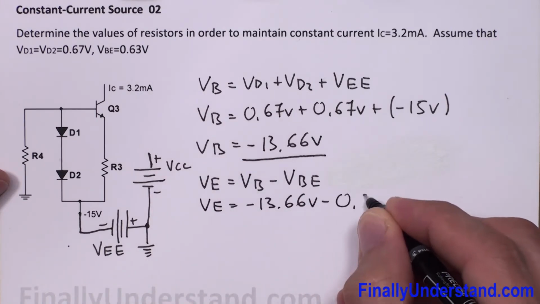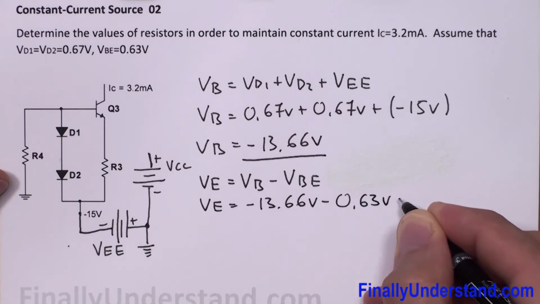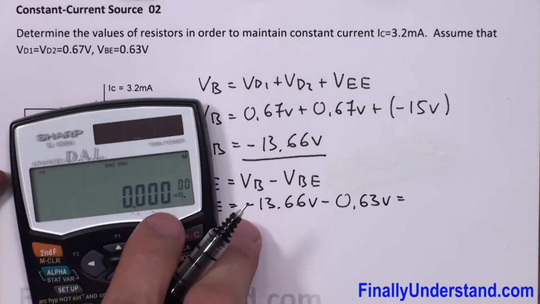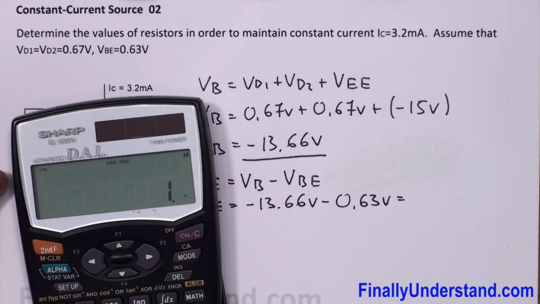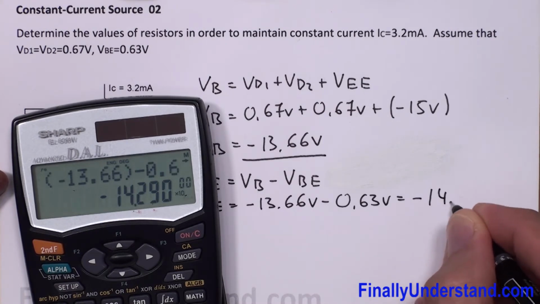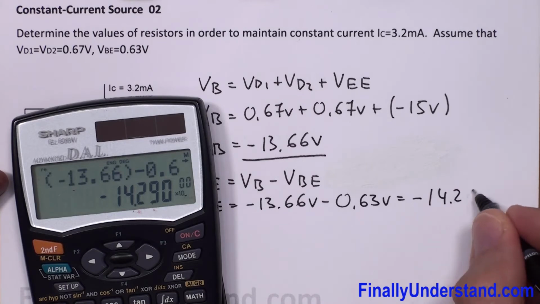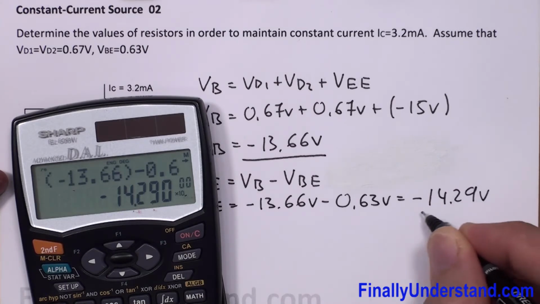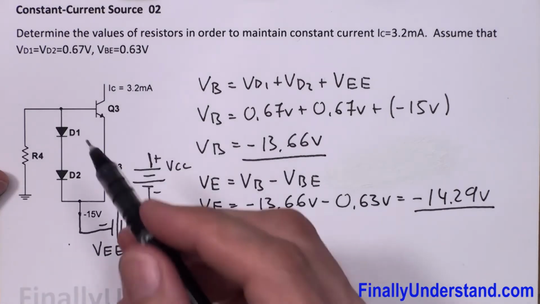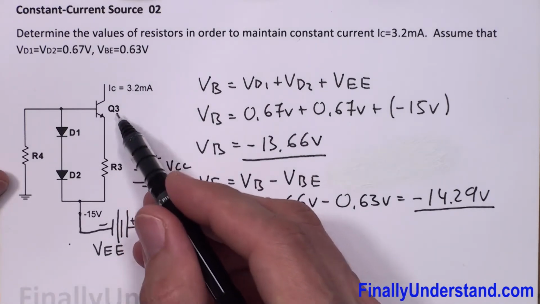So I have negative 13.66 minus 0.63. This is equal to negative 14.29 volts. Okay, so this is my voltage at the emitter of my transistor Q3.